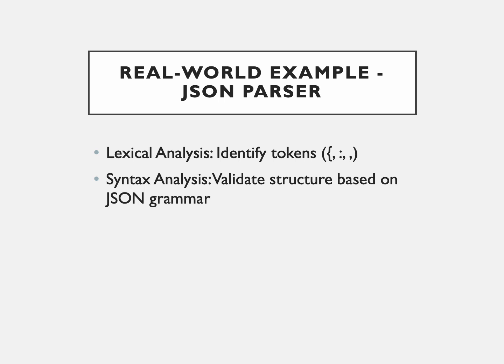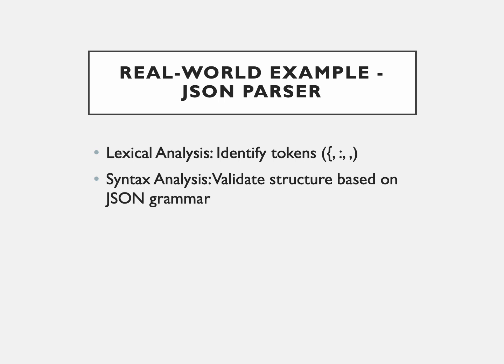So, to connect the concept of lexical and syntax analysis to a real world application, let's look at a JSON parser, a tool widely used in web development to process and validate JSON data. The first step in parsing JSON is lexical analysis, where the parser identifies tokens from the raw JSON string.